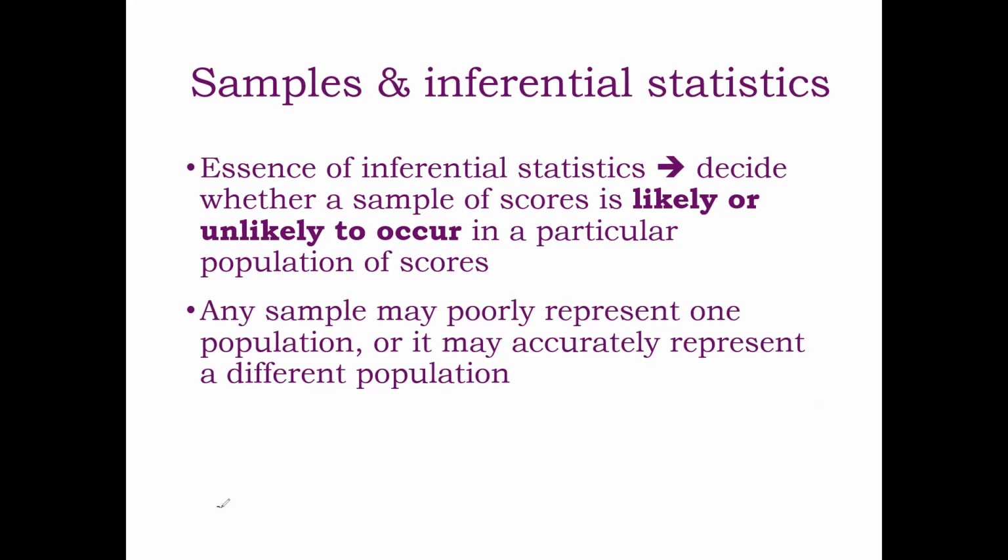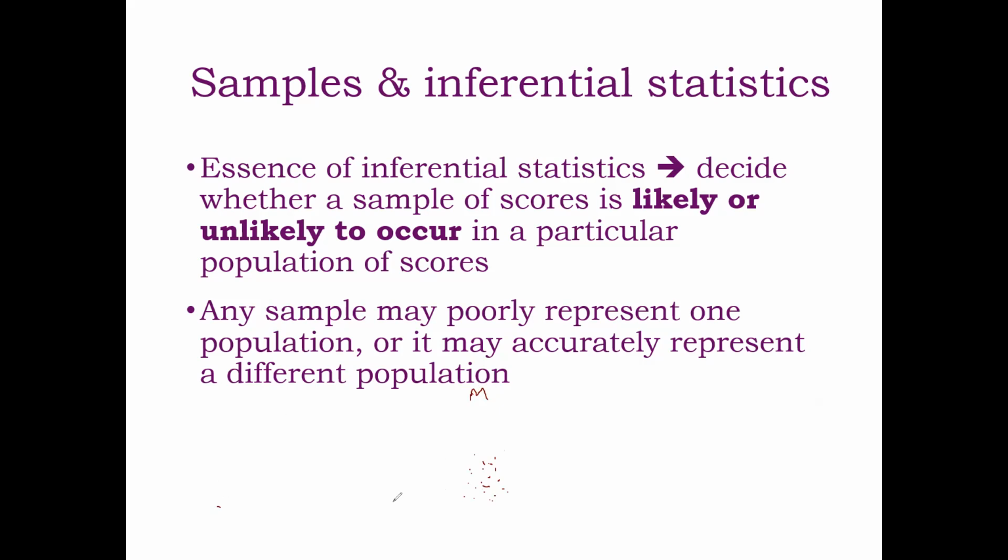Let's say we get a lot of data and we get these data points, whatever value this is, and we take the mean of this. We don't know necessarily what population these come from.